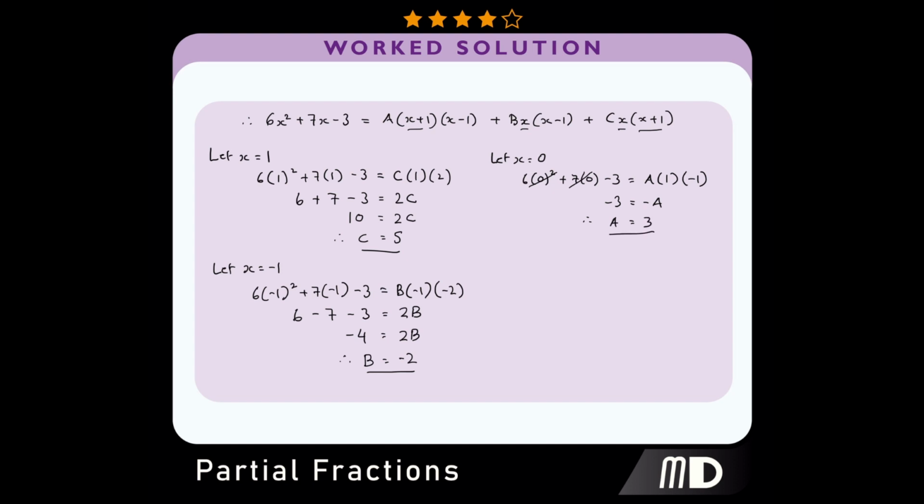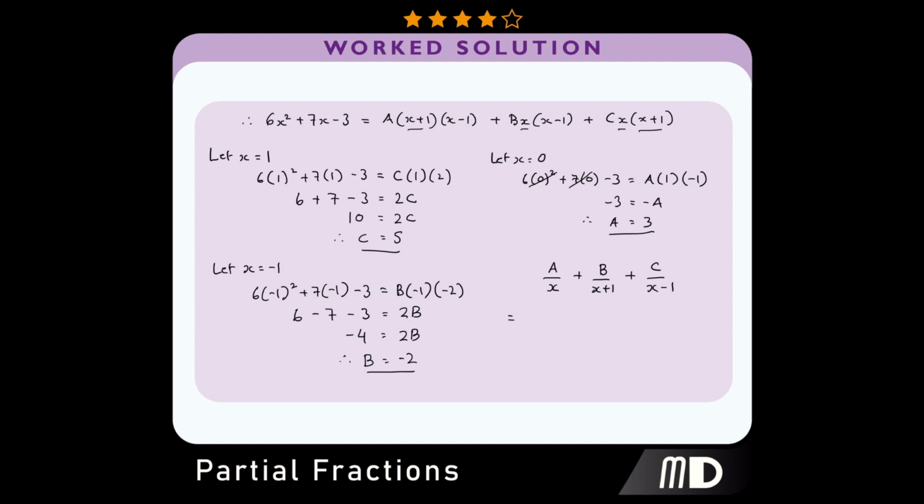So now we know the values of a, b, and c. We can return to the expression we wrote down earlier on, which was a over x plus b over x plus 1 plus c over x minus 1.